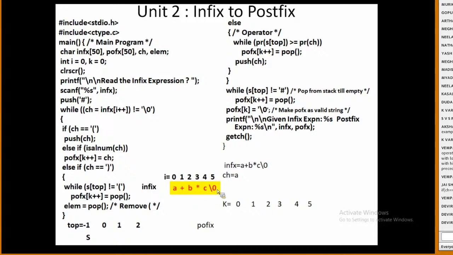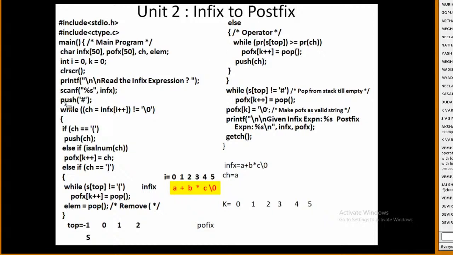What is /0? The /0 is added by the compiler, in the sense that whenever you press the enter key after giving the string, by default the compiler adds the last character as /0. Okay.